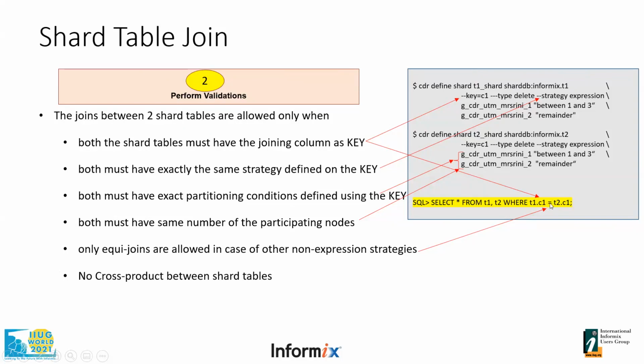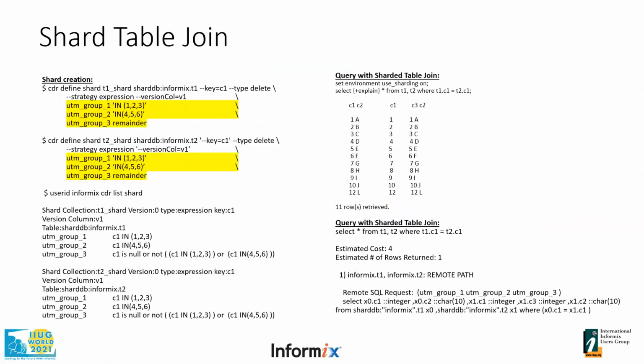That's a common limitation on hashing. And then no cross products between the sharded tables. These are the validations that we are performing in order to let it execute the sharded joins.